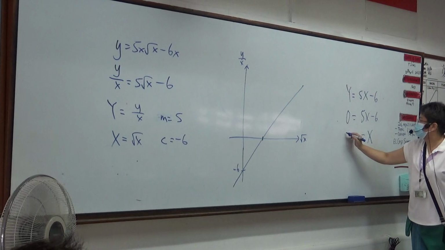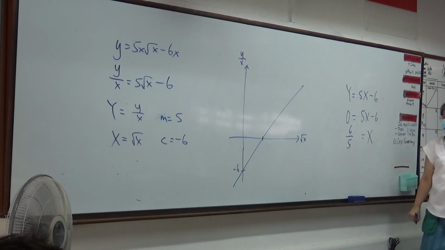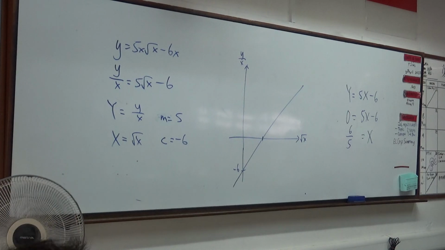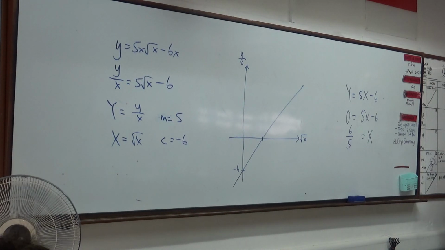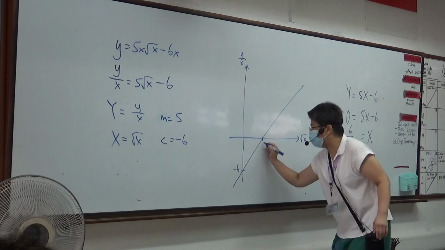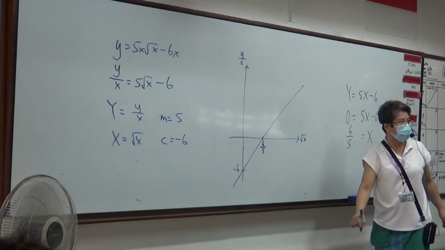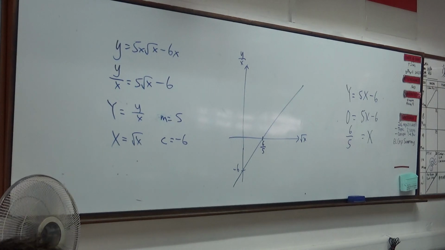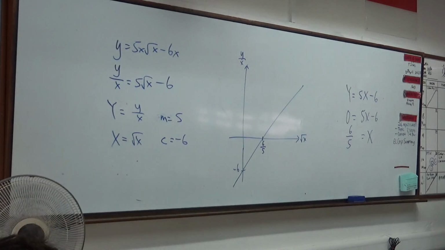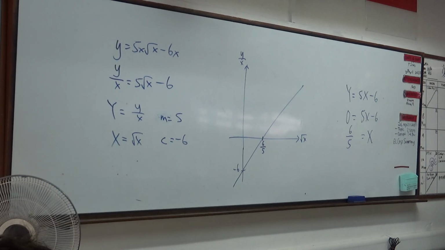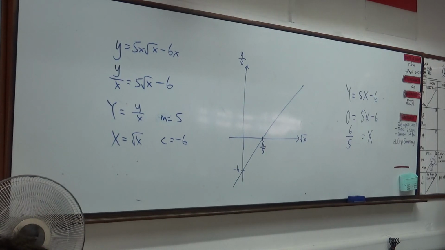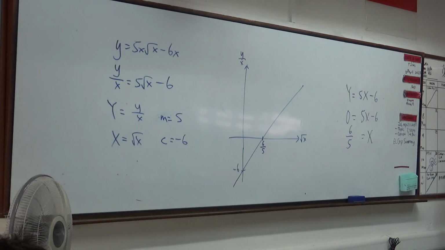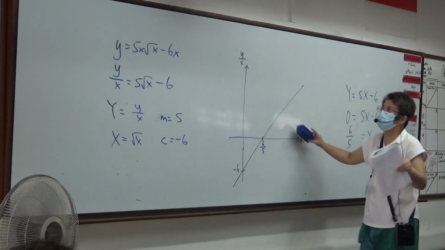It's 6 over 5, right? Which is 1.2. Or you can just put 6 over 5, which means this one will be 6 over 5. Do you all agree? Can you see what I'm talking about here? Everybody clear with what I'm saying? Can or cannot? Can, okay, good. Now, I'm moving on to example 3.